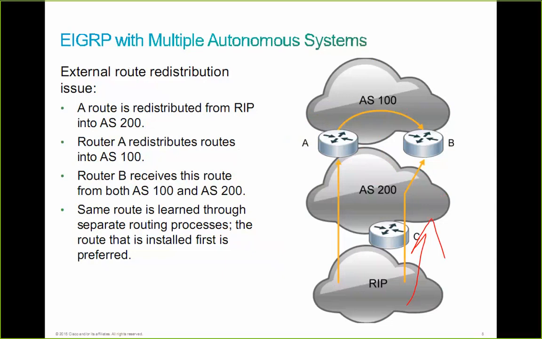In AS100, of course, the internal routes will have an administrative distance of 90, and as those routes get redistributed, the RIP routes come in here as 170 DEX, and they're going to go into AS100 as 170 DEX, right? Is there a problem?